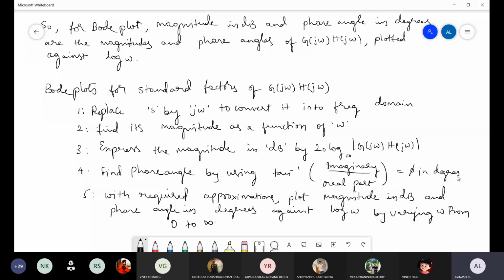Technically we won't find from 0 to infinity; we'll find for some randomly chosen values.